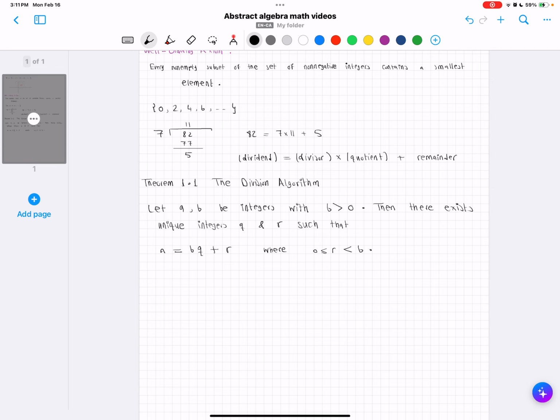The main idea of the proof is that we can keep subtracting multiples of b until we arrive at a number which is as small as possible, and we are guaranteed to find the minimum by the well-ordering axiom. So let's prove the result.